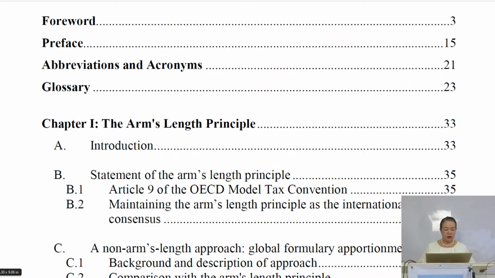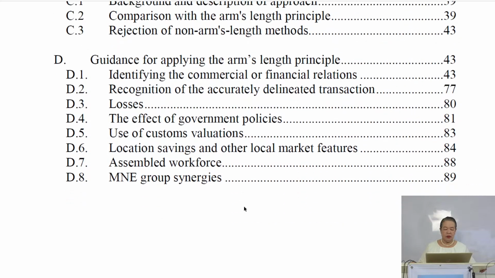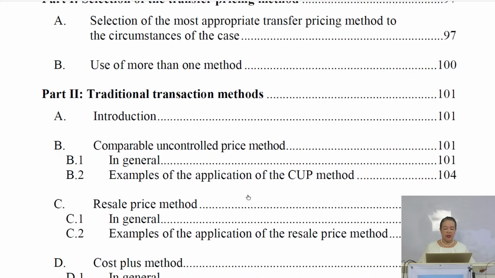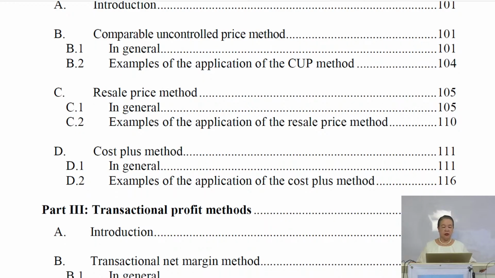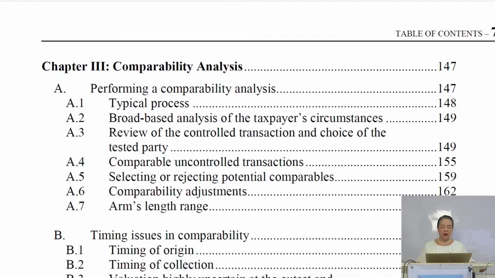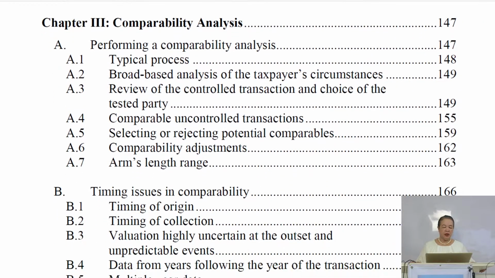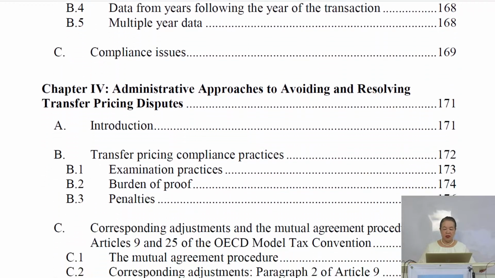We will also discuss the selection of the transfer pricing method, the traditional transactions and transactional profit methods, the comparability analysis, how it is being done, then the administrative approaches to avoiding and resolving transfer pricing disputes.